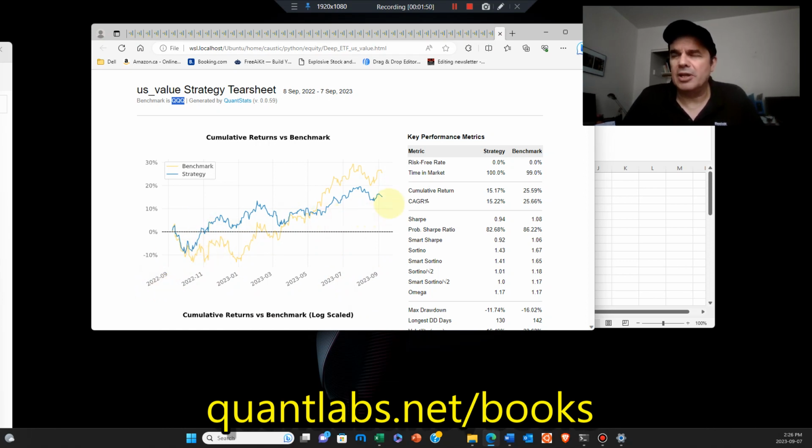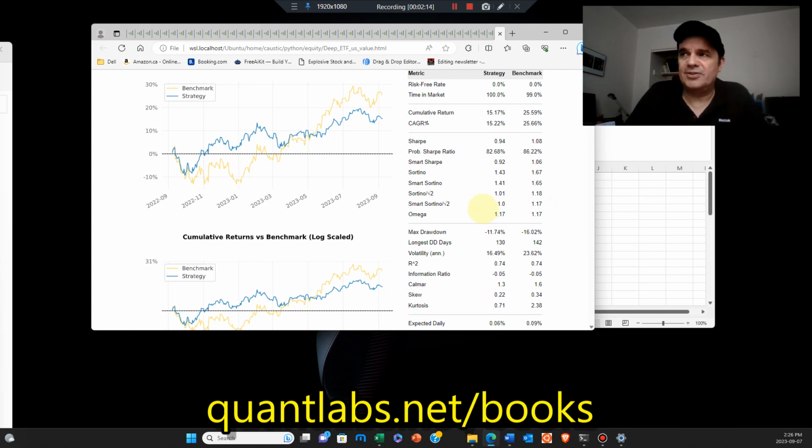In blue, that's our combined strategy of all these ETFs for this particular category of US value. You can see here it did outperform up until right in here in May or June, and then it didn't go up as fast as the markets or the QQQ.